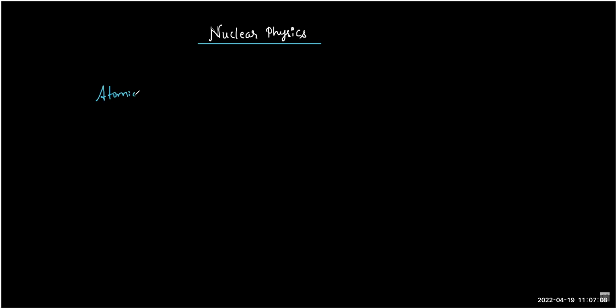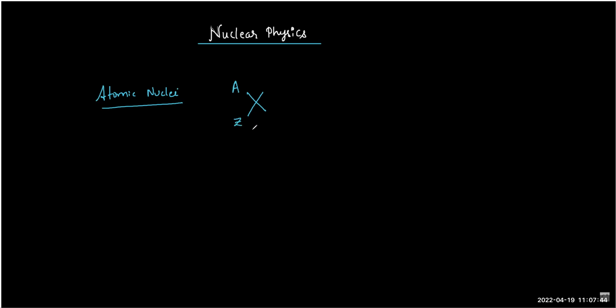So we have something called atomic nuclei. Every nucleus we represent by the symbol, let's say X, with A as the mass number and Z as the atomic number.